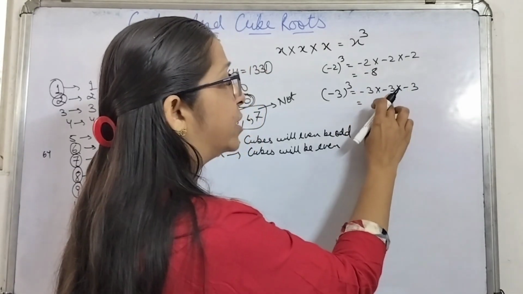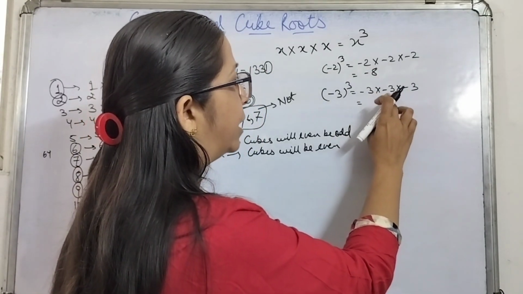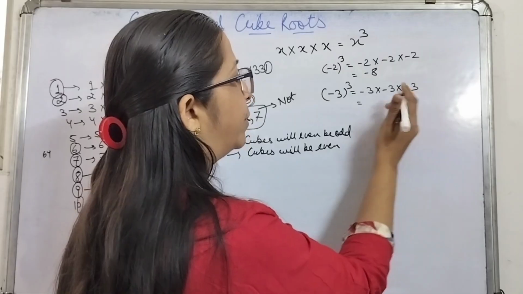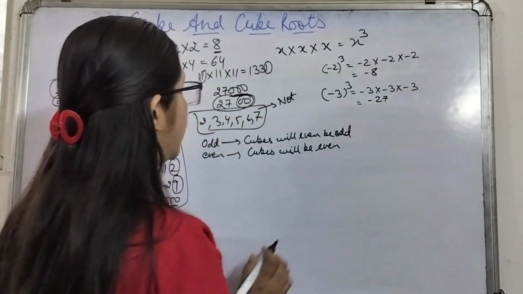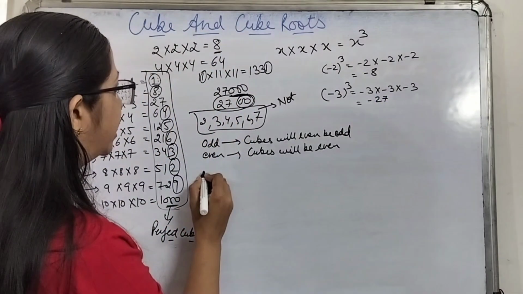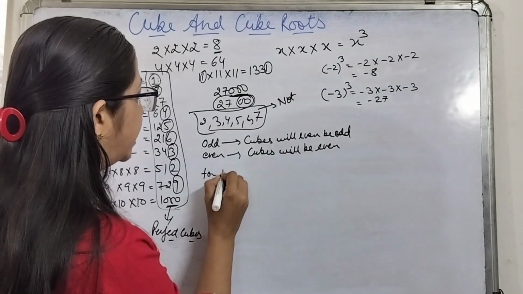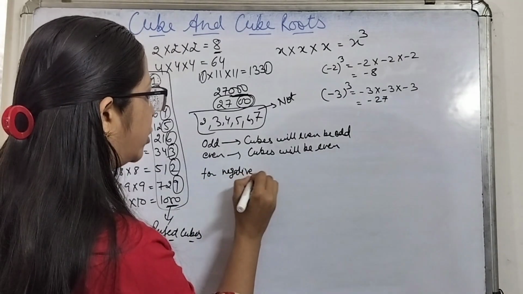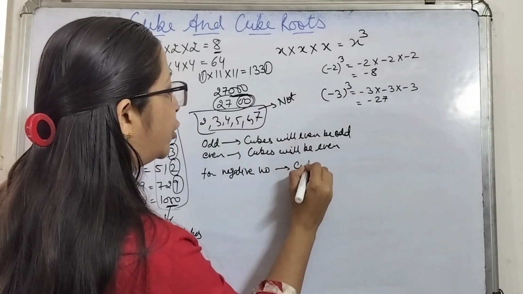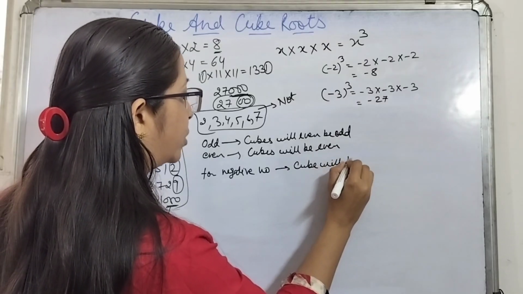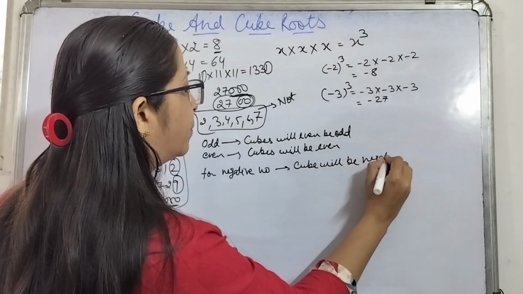Minus 3 into minus 3 will be plus 9, and 9 multiplied by minus 3 will be minus 27. So if your number is negative, the cube will be negative only.